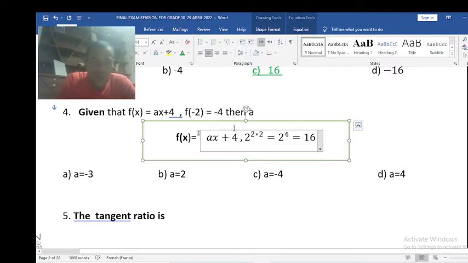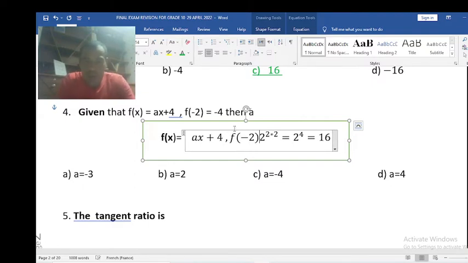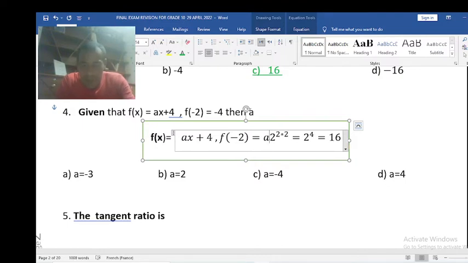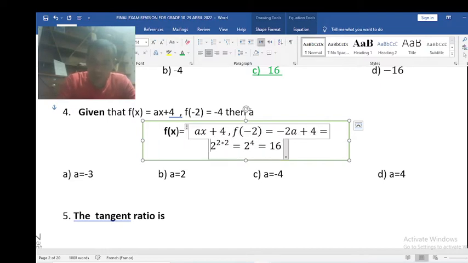So make the substitution. f of negative 2 is equal to a times negative 2, which means negative 2a, plus 4 equals negative 4.